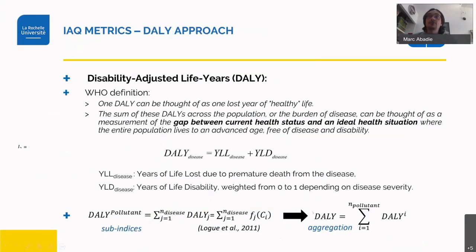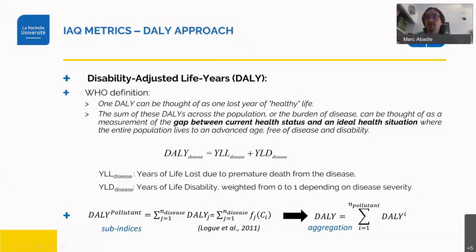We also use another approach. I won't say a lot about this because the presentation of Benjamin will be on that. It's the DALY approach, the disability adjusted life years approach. Just to say one word about that, one DALY can be thought of as one lost year of healthy life because of disease induced by the exposure to a particular pollutant.